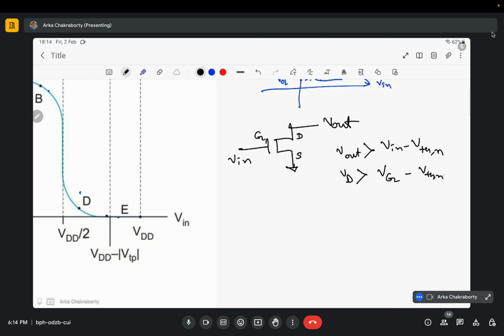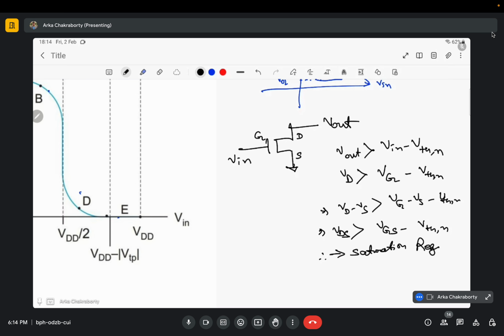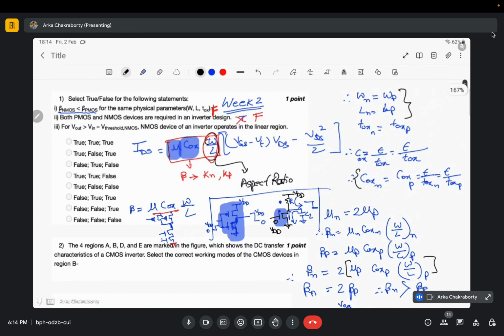If I subtract the source from both sides, it would be Vd minus Vs greater than Vg minus Vs minus Vth of n. So Vds is greater than Vgs minus Vth of n. Which region is it in? It is in saturation region. Got my point? My device will not be in linear region, rather it would be in saturation region.